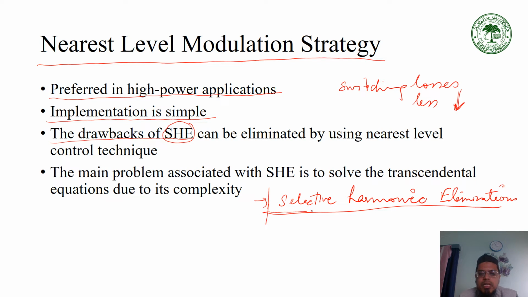The problem here is that you have multiple equations, and those are transcendental equations and require complex mathematics to solve, and to solve them in real time is a big challenge. So normally, the solution is obtained before going for online implementation, and those solutions are stored in what we call a lookup table.